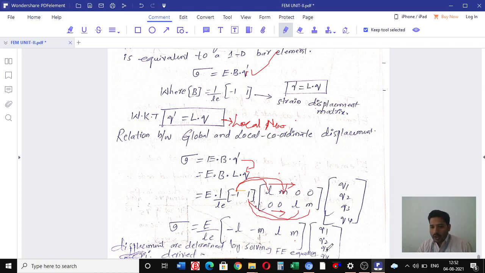And Q1, Q2, Q3 and Q4. This sigma indicates the stress in the local as well as the global coordinate system. Already we have solved the finite element equation.